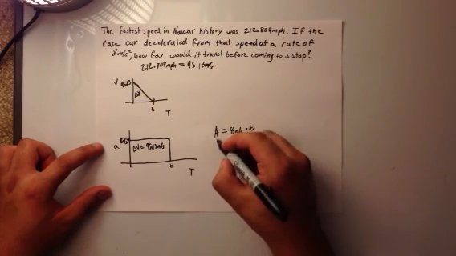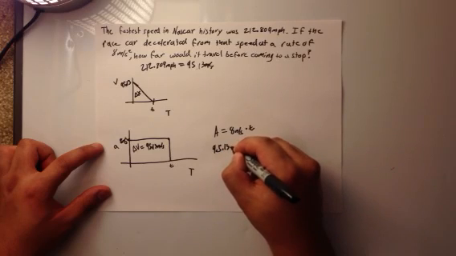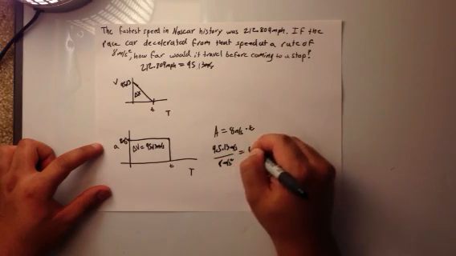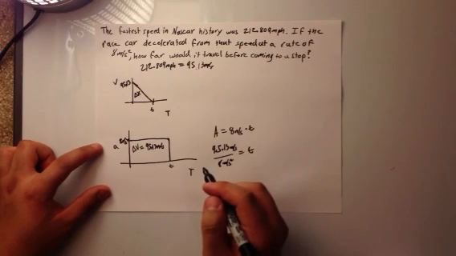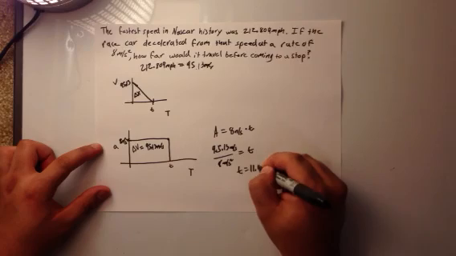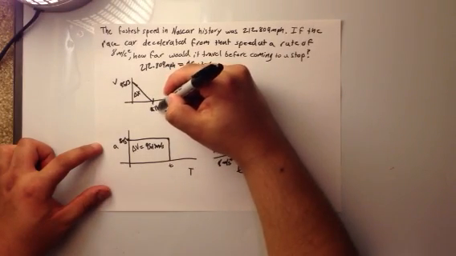So our time is 95.13 meters per second all over 8 meters per second squared, and that came out to be 11.84 seconds. So we're going to put 11.84 seconds right here.